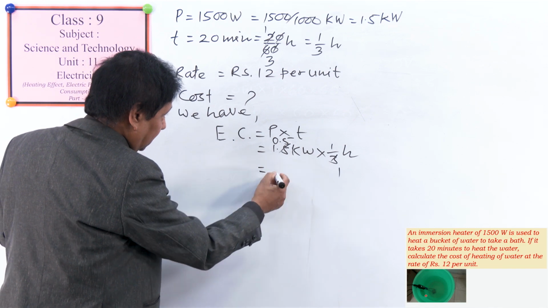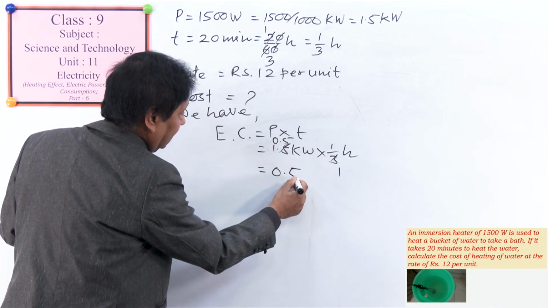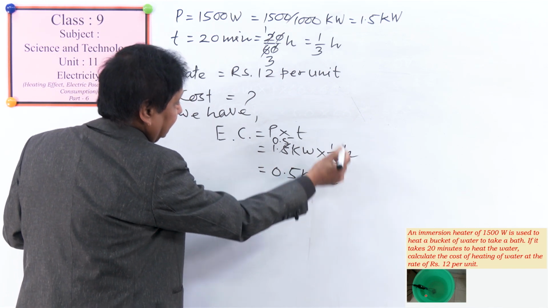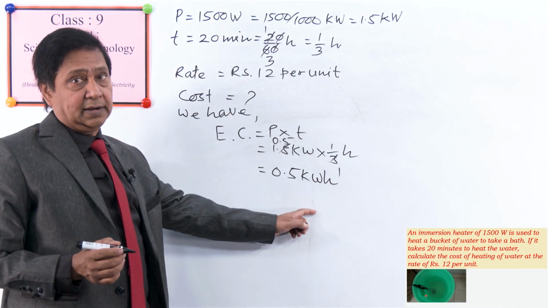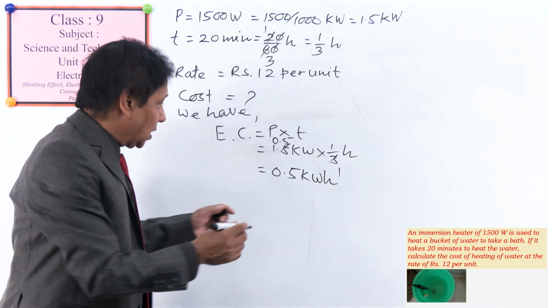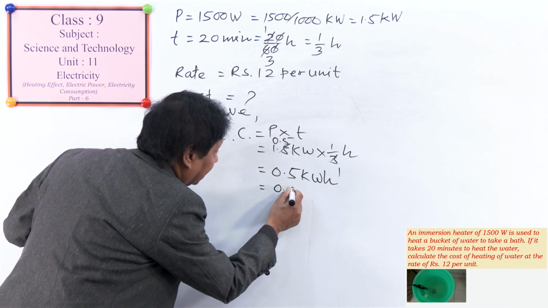This is equal to 0.5 kWh. This is the consumption of electrical energy. I mean to say half unit. 0.5 kilowatt hour means 0.5 unit.